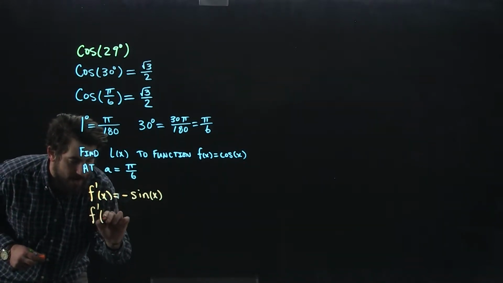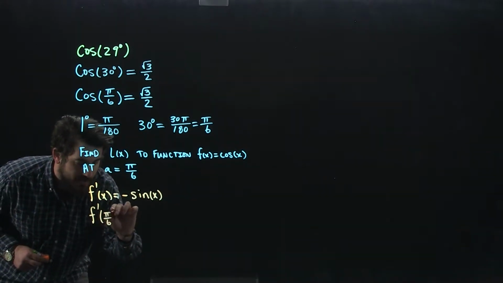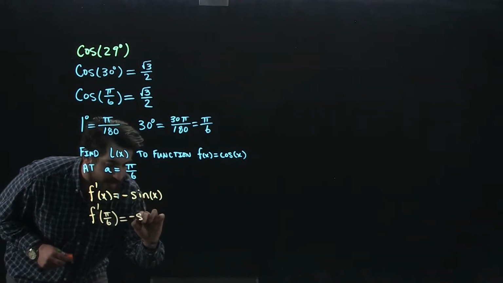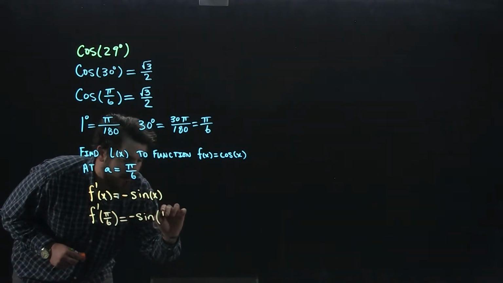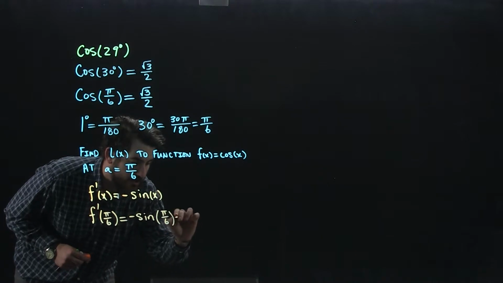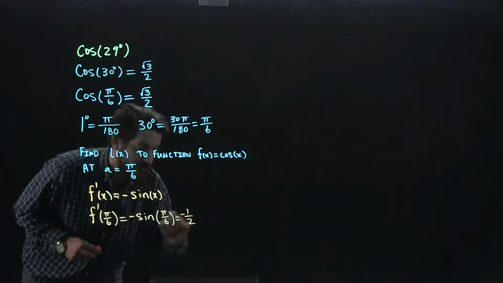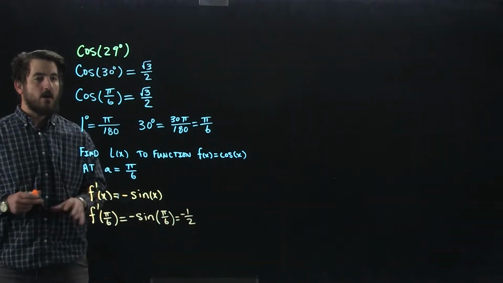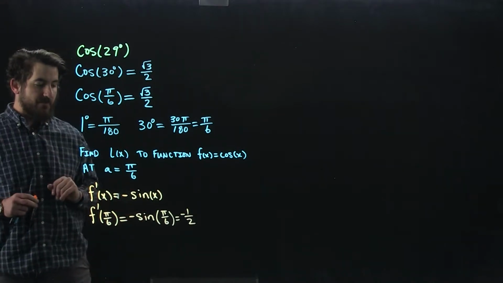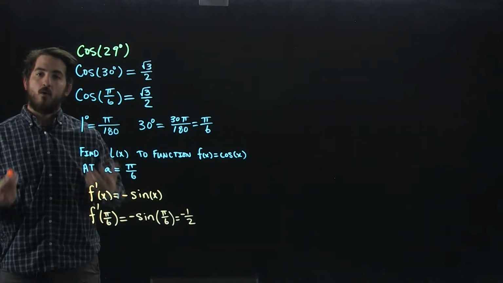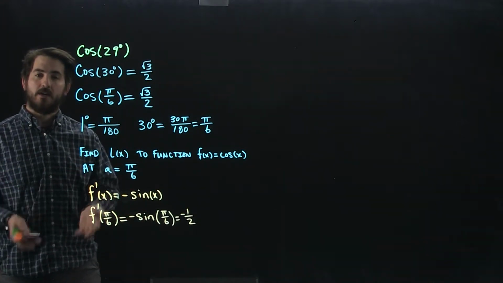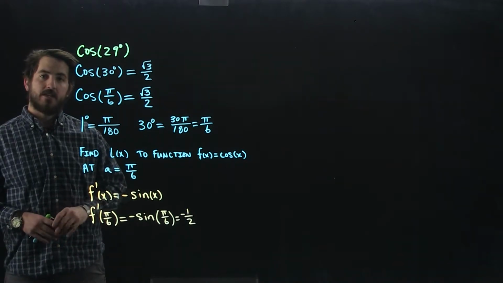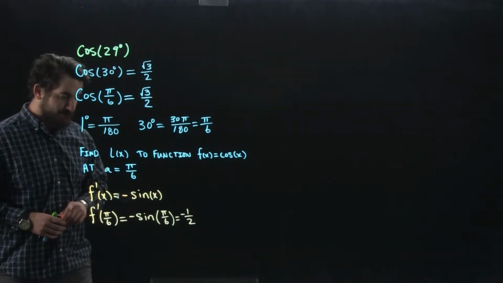So f prime of pi over 6 equals negative sine of pi over 6, which equals negative 1/2. Now, again, notice so far, both of the calculations that we've had to do in the cosine or sine function have been things that we know from basic understandings of the unit circle.